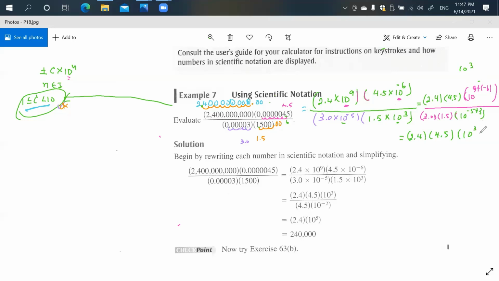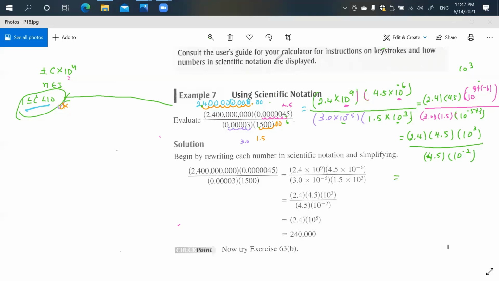So you have 10 power 3 here. Over 3 times 1.5, we have what? We have 4.5, correct? 4.5. This one you can use a calculator if you want, okay? So then this one base 10, the index negative 5 plus 3 becomes 10 power negative 2.